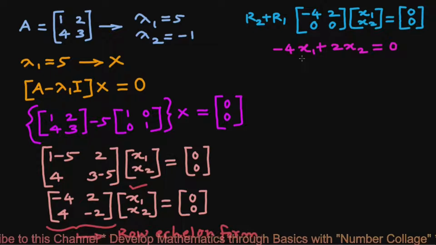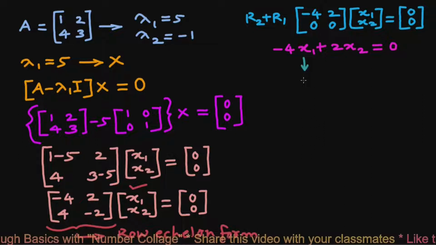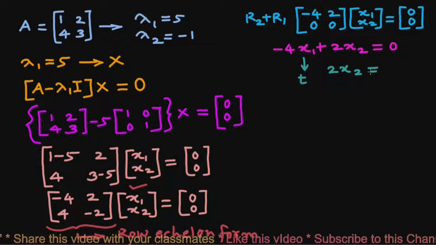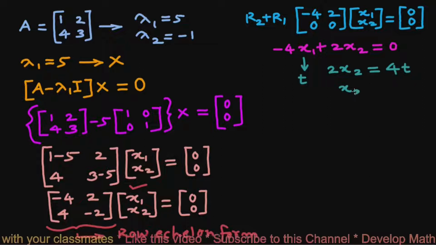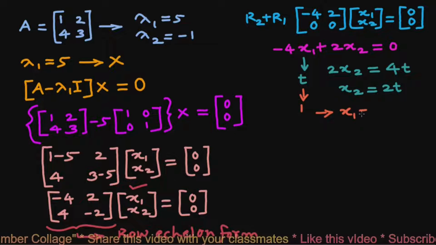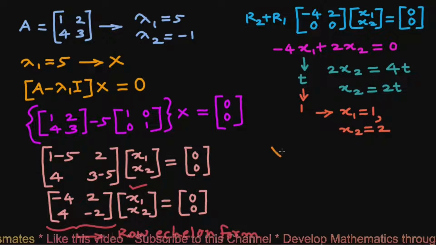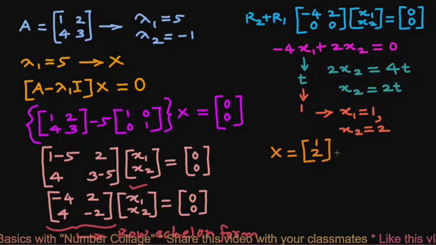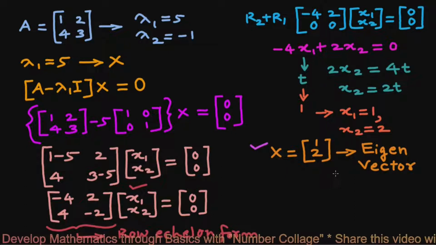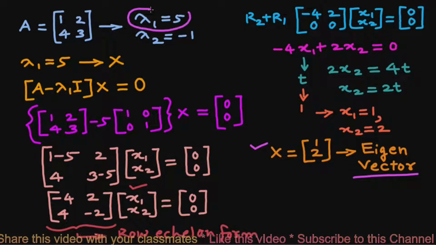Since there are two variables in the equation, x1 and x2, we have to assume x1 equals parameter t, so that 2x2 will be equal to 4t, or x2 equals 2t. Now putting t equals 1, we get x1 equals 1 and x2 equals 2. So the vector x equals [1; 2] will be called eigenvector, or any non-zero multiple of x will be called eigenvector corresponding to the eigenvalue lambda 1 equals 5.